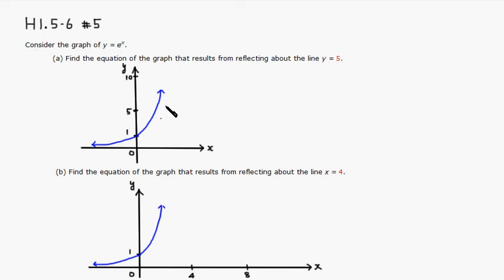So this is the graph, and let's draw this horizontal line y equals 5, just a horizontal line right around here.